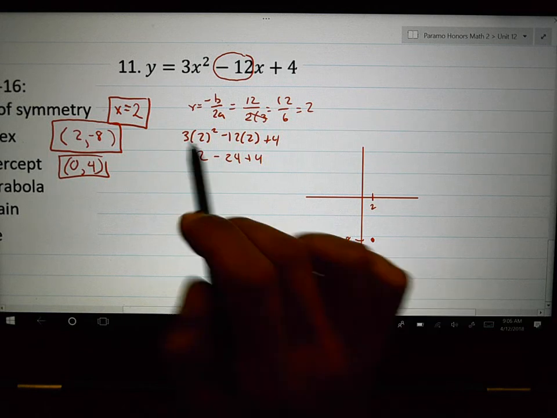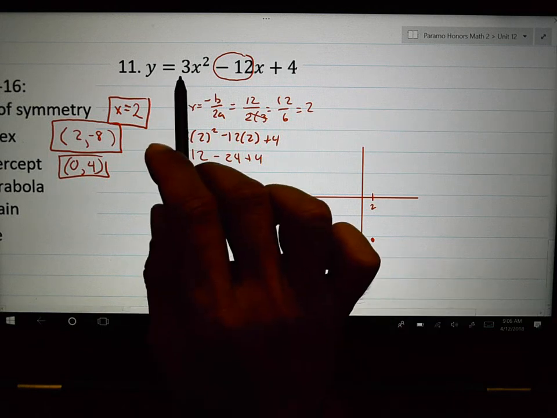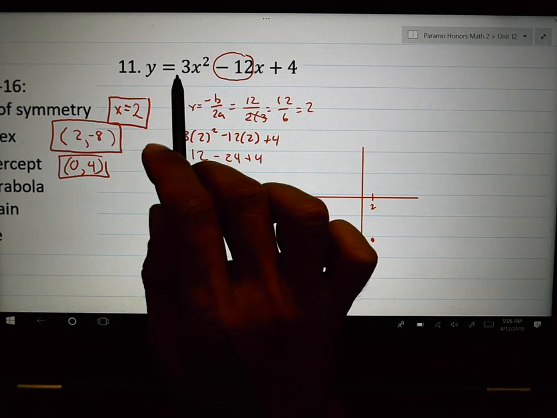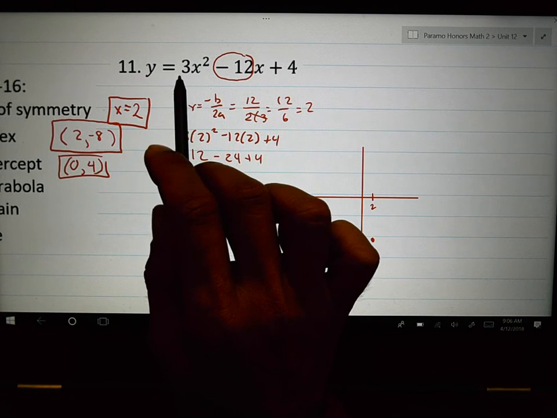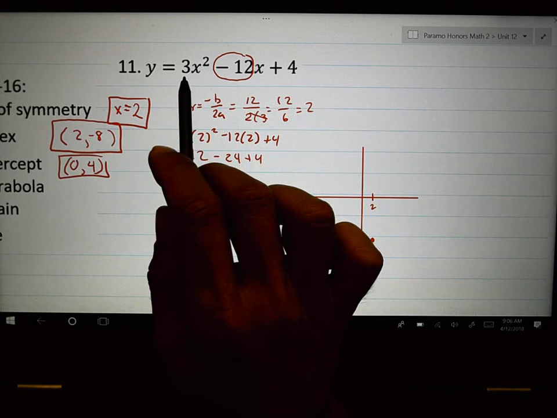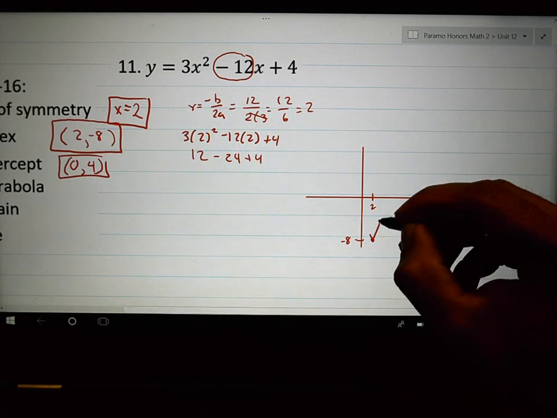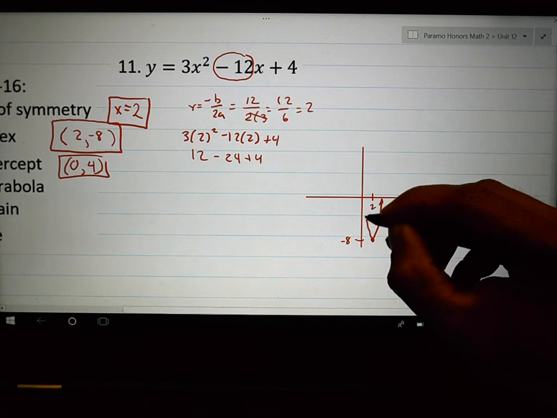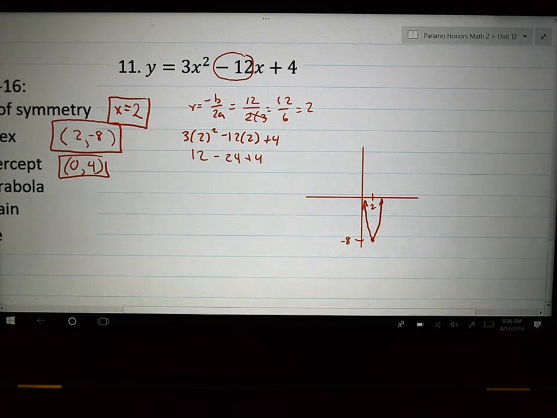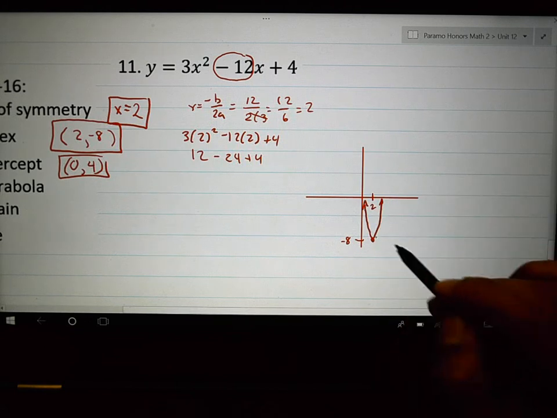This is still the same a value for both. Wide or narrow or normal. You should be able to answer that. Tell your partner what it is. It's narrow. Because it's greater.